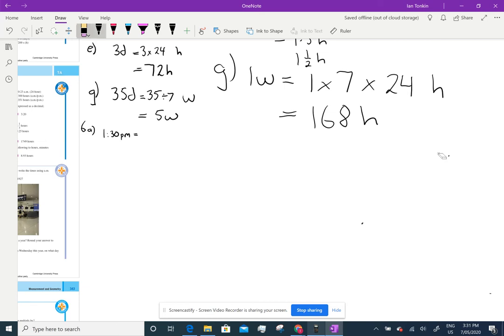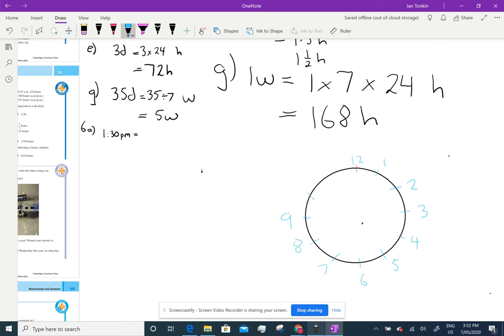So there's my clock. And I'm just going to go around and go, okay, that's 12, that's 3, that's 6, that's 9, and I've got 1, 2, all the way around.